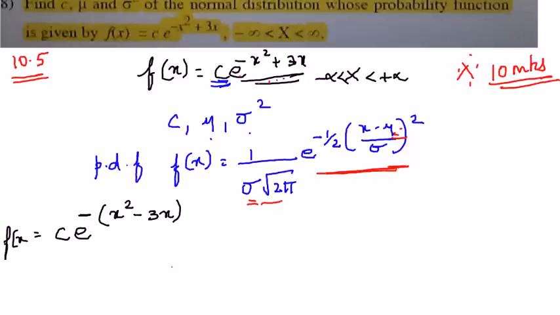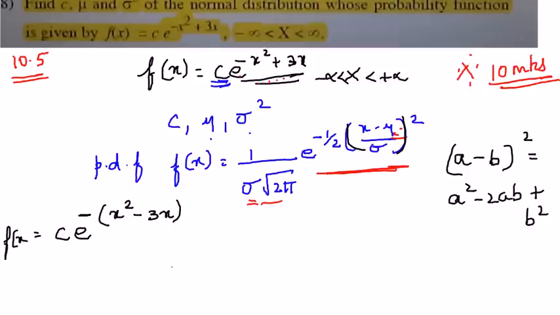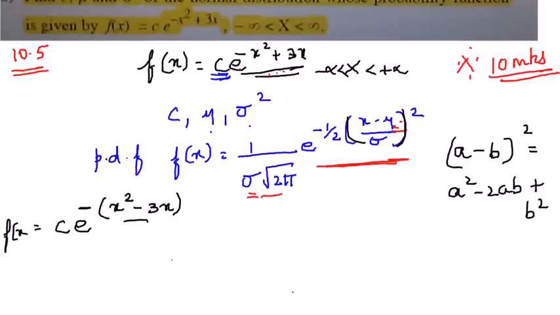Good. Now this x squared minus 3x, I somehow have to bring it to a square form, the whole expression in square form. So I'm going to try to bring it to the form of a minus b the whole squared, which is a squared minus 2ab plus b squared. From the given, you can write it as x squared minus 3x plus what?